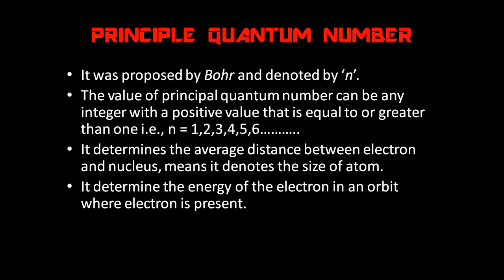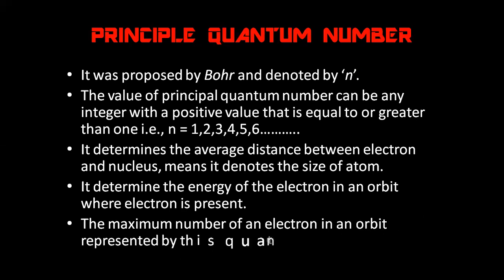So as you go from n equal to 1 to n equal to 2 or n equal to 3, the energy increases. It tells us which electron will have higher energy and which will have lower energy, and which shell is bigger and which is smaller. That means it can also tell us about the average size of an atom.